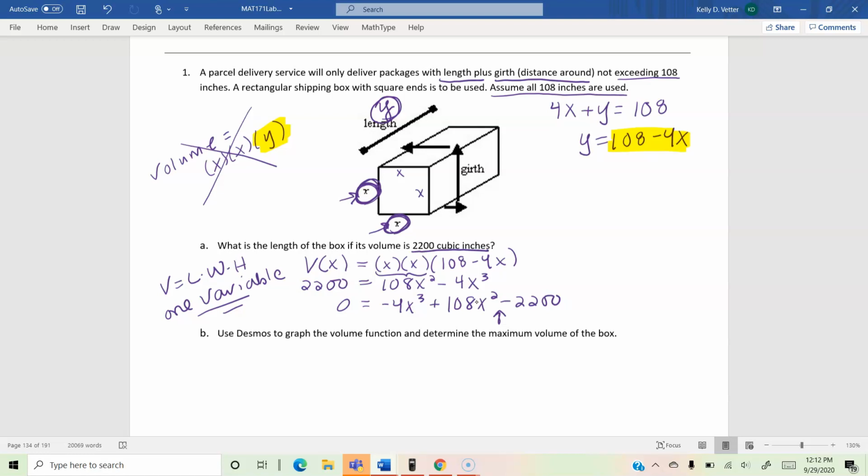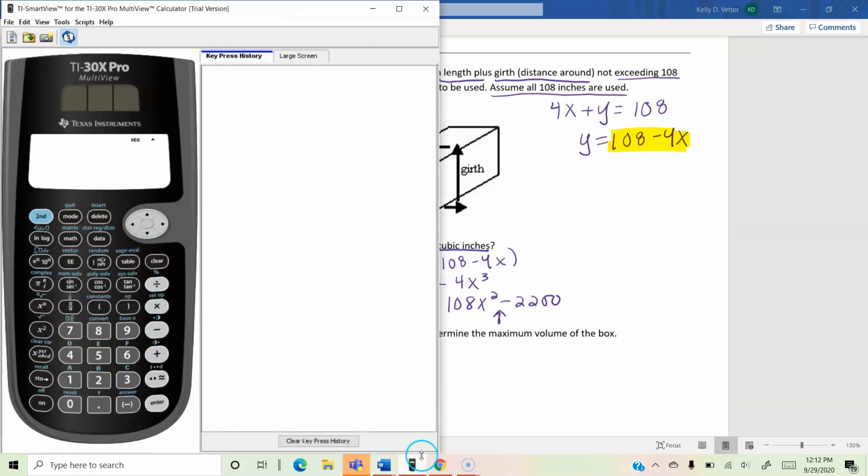Same idea. We are missing a term, but that's okay. So what we have here is a third degree equation that you cannot solve by factoring. So what we allow you guys to do on these types of situations when you don't know the algebra to support that is we let you use your calculator to solve.